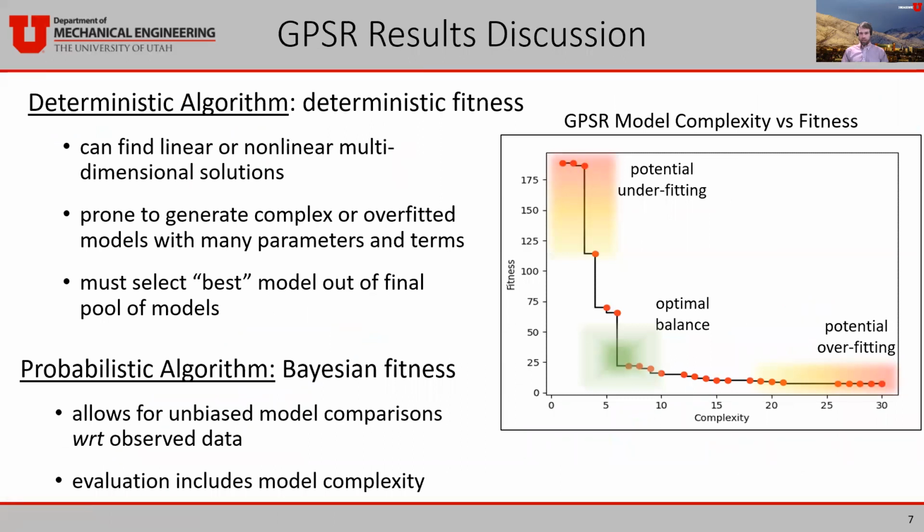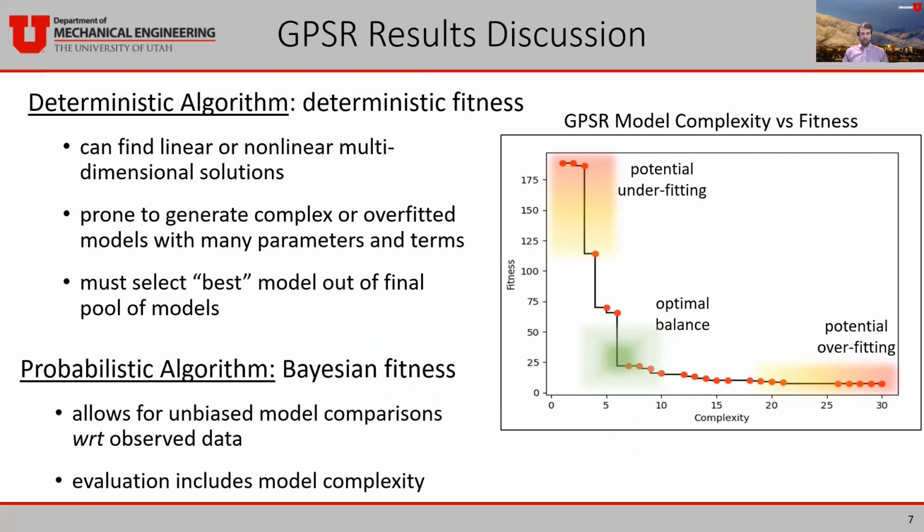So, some general comments regarding GPSR and these results. The algorithm produces many solutions or equations, and the final step of the process requires that the modeler select what is estimated to be the best equation or solution.